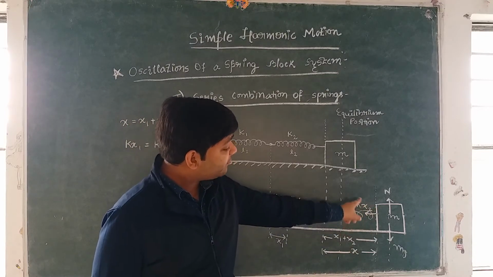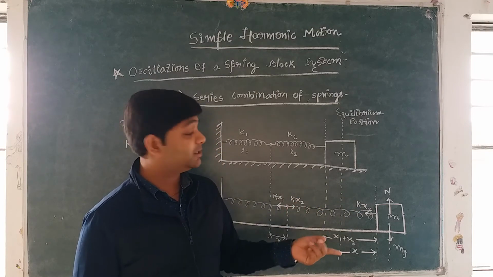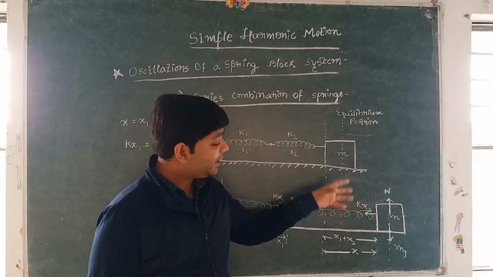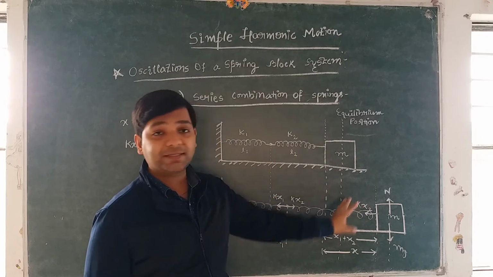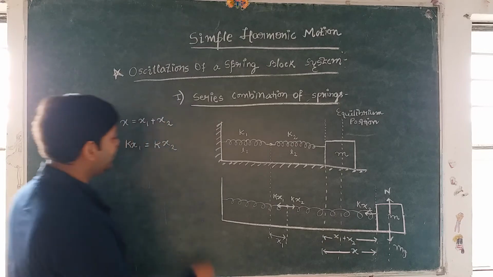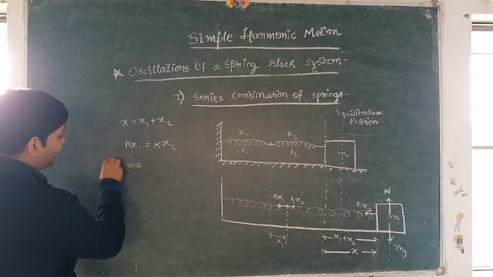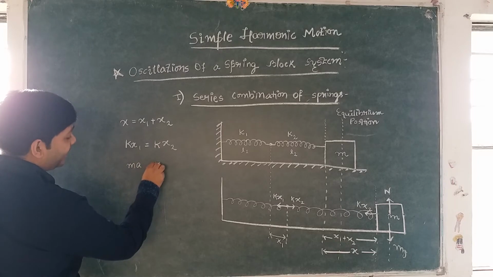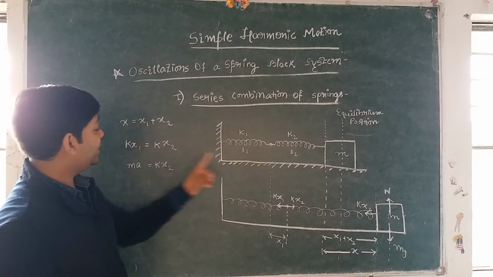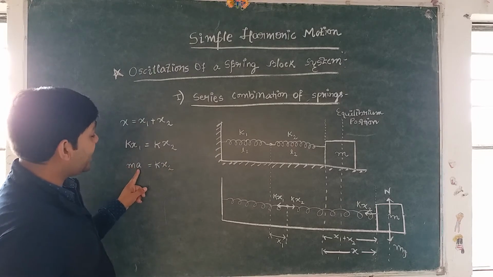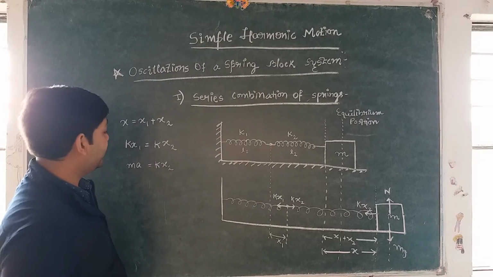Now this force kx2 is acting towards the left and is unbalanced, so it will result in a net force towards the left, and this force will give rise to the acceleration of the block. So F = ma = kx2. The force acting on the block, written as mass into acceleration of the block, is equal to kx2.